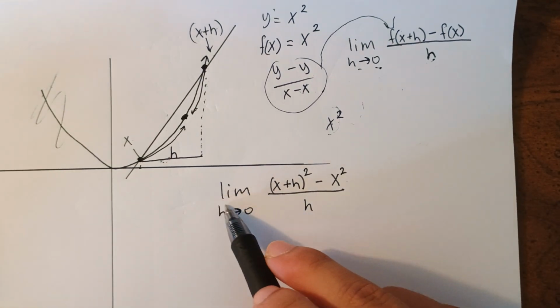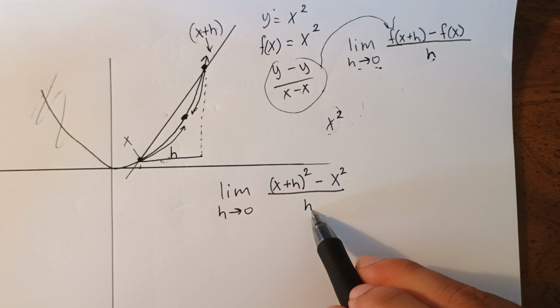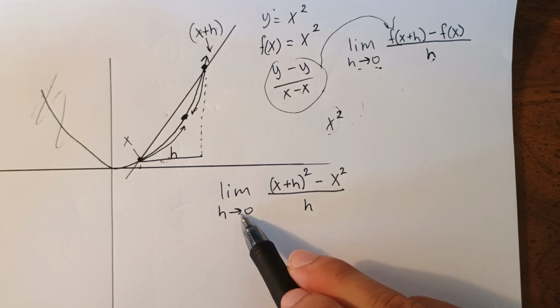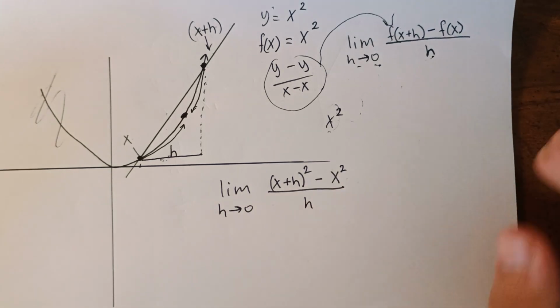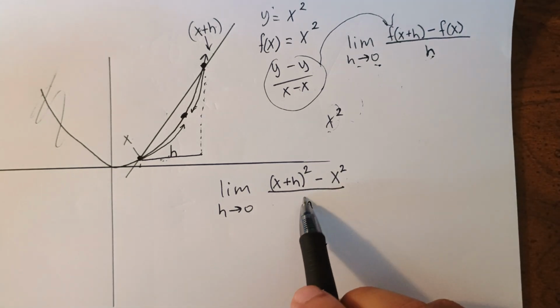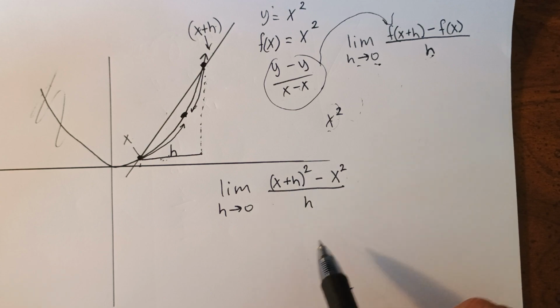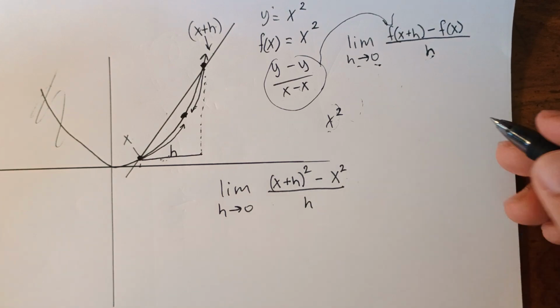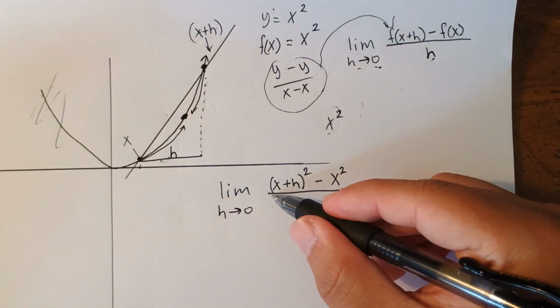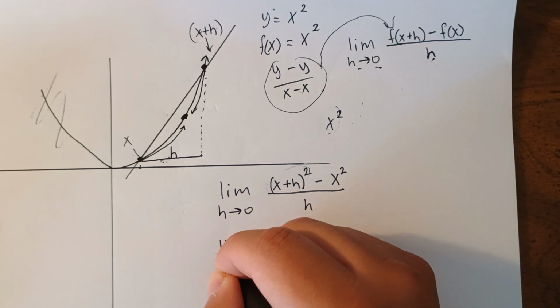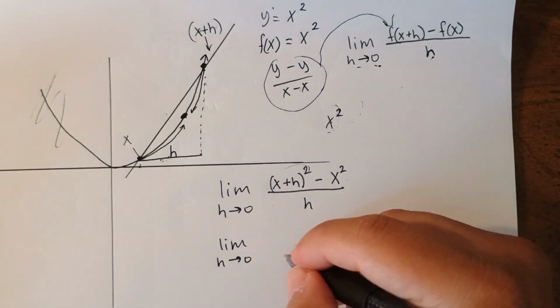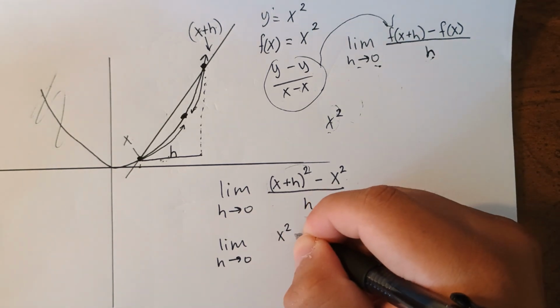And then we need to take the limit of this, but we can't take the limit currently because what we want to do is just plug in 0 for h, but we can't do that right now because our h is on the bottom and we can't divide by 0. So first I'm just going to FOIL this out, and I'm just going to write it down here. You can do the work on the side, but this is what it should be.